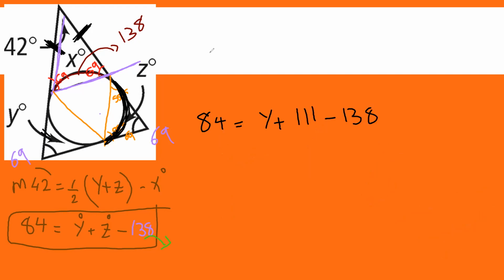So 84 minus 111 plus 138 will be y. So let's find them here: 84 minus 111 plus 138. So y will be 111. Yeah, they will also be the same. Yes, but here just to prove that they are the same.